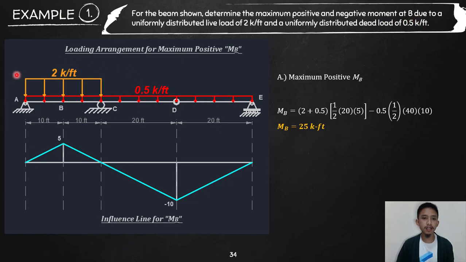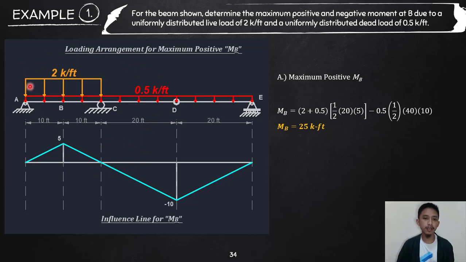Then we will position the live load, because as I've said, the live load is a variable load, so it can be found at any position at different times. Since we are after the maximum positive, we will locate where the live load should be situated to have the maximum possible moment at B. As we discussed a while ago, in a UDL the actual response is the product of the intensity and the area.